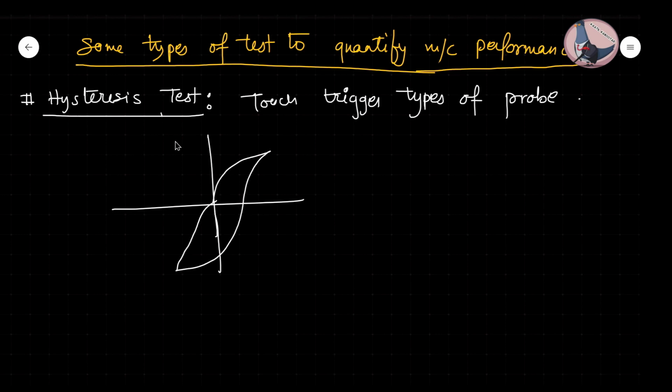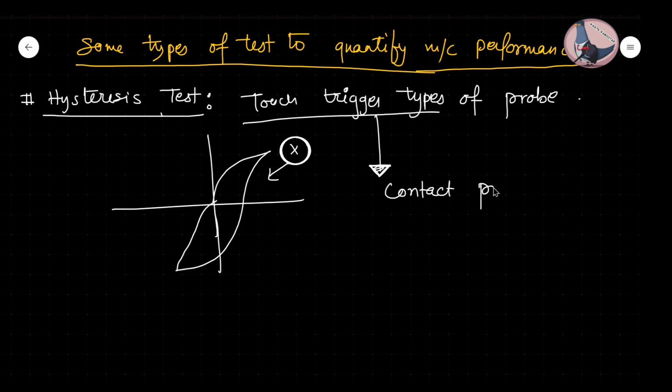Now, this test is not related to that in any way, but it depends on the repeatability of the data obtained. If you remember the touch trigger that I discussed in the last class, it falls under the category of contact probe. And the advantage of the touch trigger was that the pressure was always maintained.